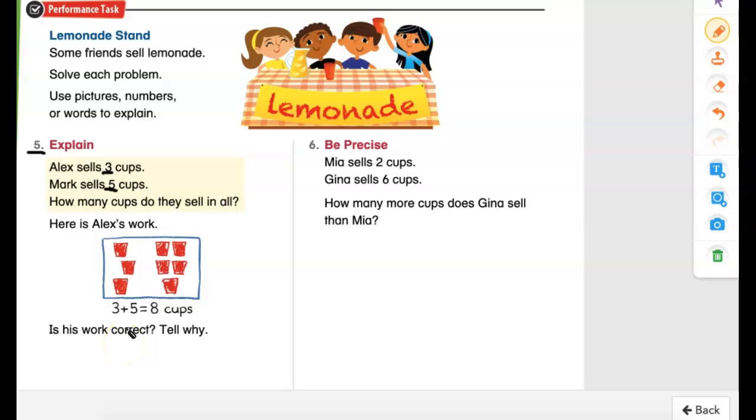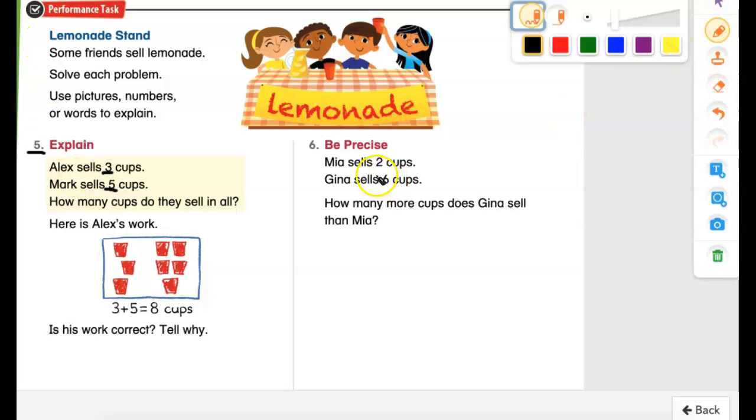So is Alex's work correct? Is 3 cups plus 5 cups equal 8 cups? So write yes or no if this is correct. And how do you know? So I need you to write yes or no. And how do you know?